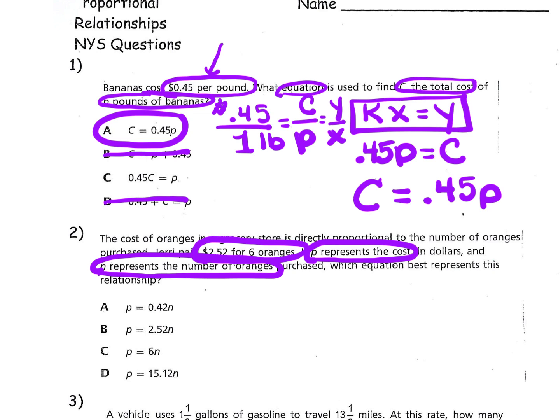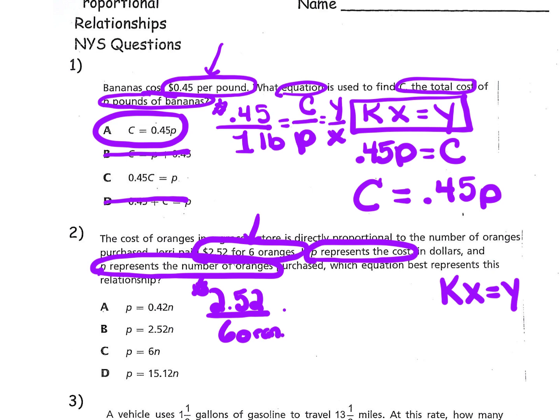Well, again, start with the basic equation. Take the ratio they've given you, which is not a unit rate, $2.52 per 6 oranges, and convert it to a unit rate.